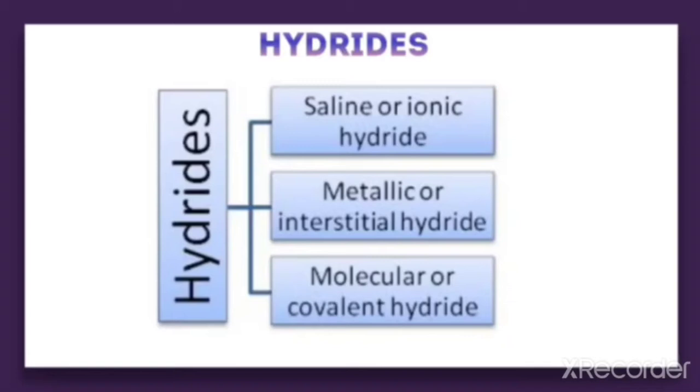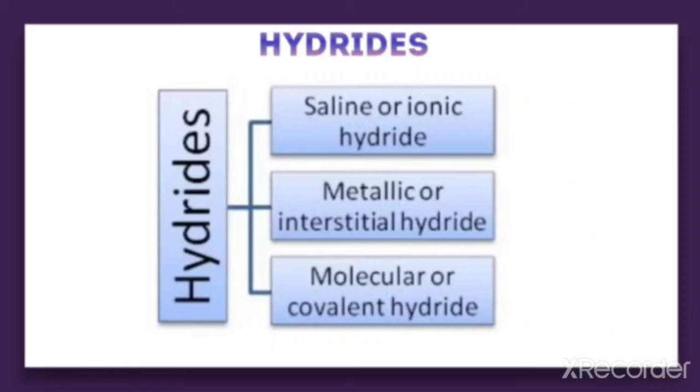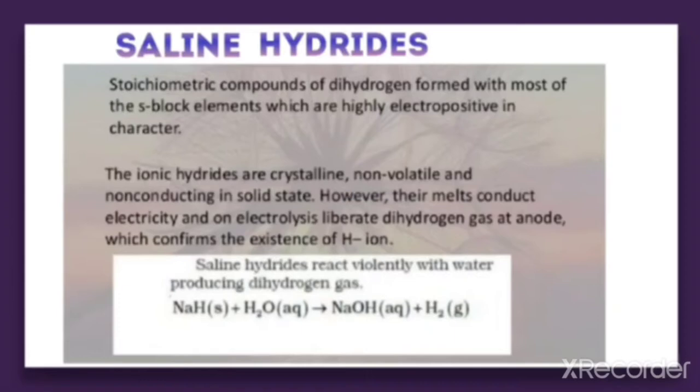Hydrides are classified into three types: saline or ionic hydride, next is metallic or interstitial hydride, and the third one is molecular or covalent hydride. These we need to discuss in detail. First, saline hydride. These are stoichiometric compounds of dihydrogen formed with most of the s-block elements, which are highly electropositive in character.